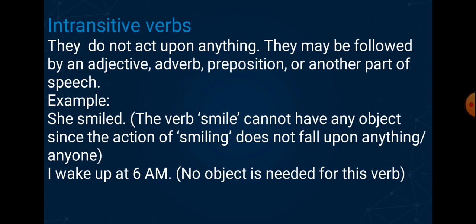Intransitive verbs don't need any sort of object, direct or indirect. We can say a verb which doesn't transfer action from subject to object is called an intransitive verb. The meaning of an intransitive verb is complete without its object.